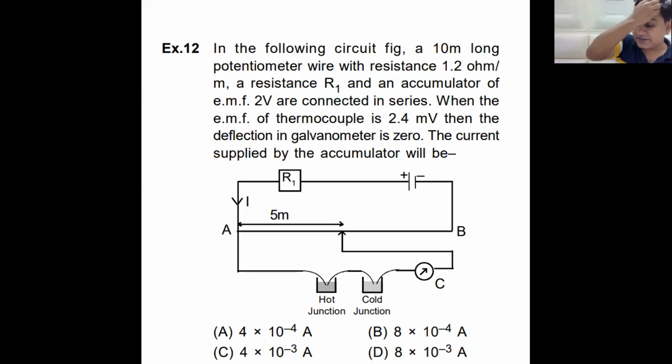In the following circuit, a 10-meter long potentiometer wire with a resistance of 1.2 ohm per meter, a resistance R1, and an accumulator of EMF 2 volts are connected in series. Then the EMF of the thermocouple is 2.4 millivolt. When the current in the galvanometer is zero, what is the current supplied by the accumulator?